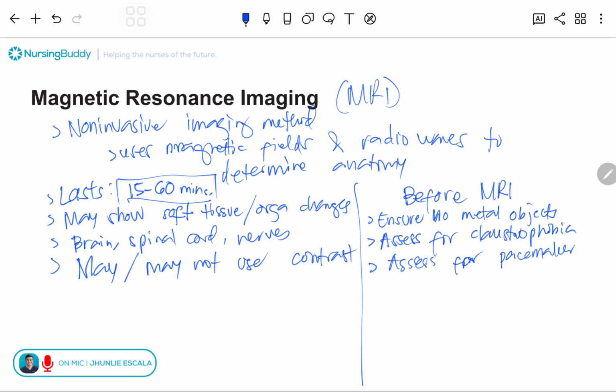Okay? So, why? It's because some MRI machines may deactivate them. Tandaan po natin 'yan. Okay? And this is for your pacemaker. And some newer machines are safe.